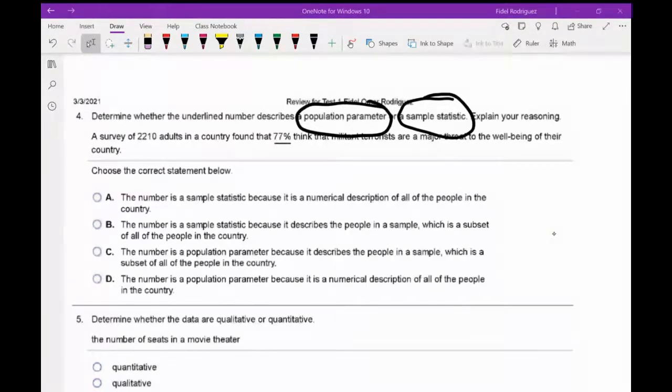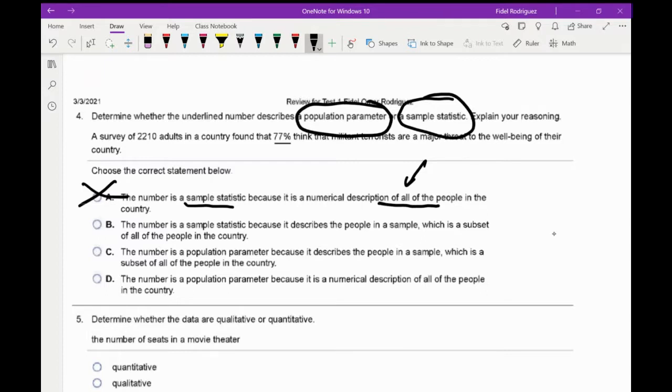Okay, so is this a sample statistic? Remember, sample means it's going to be for some of the people. And this one says, look at the word here, for all. So I know that sample is not for all. So I already know that choice A is not a good choice because sample is for some, not for all.